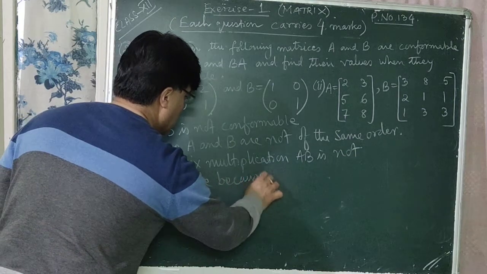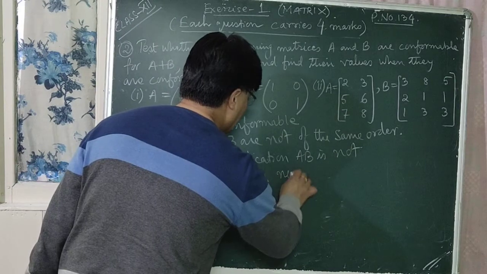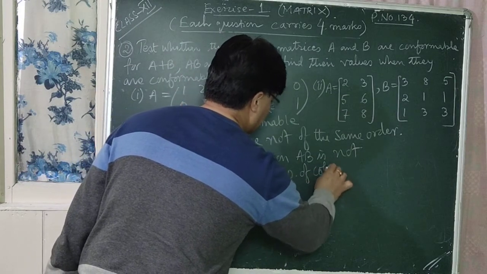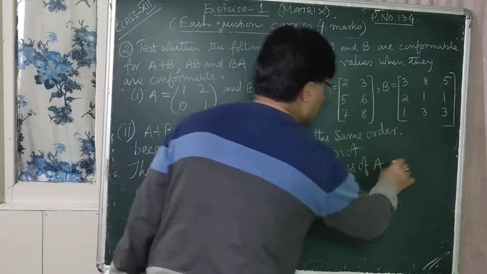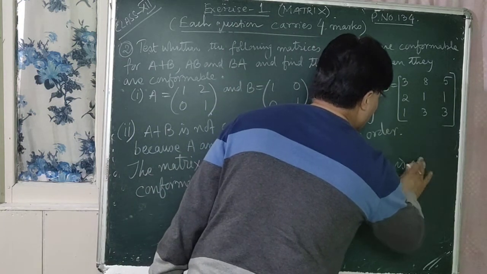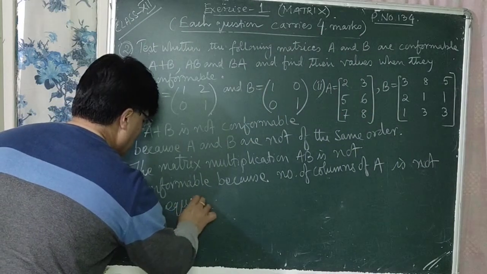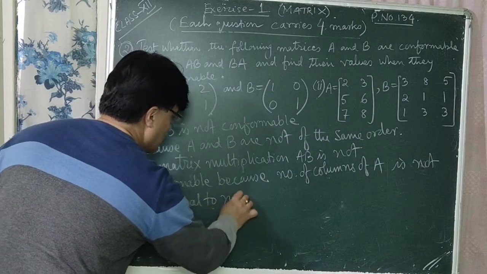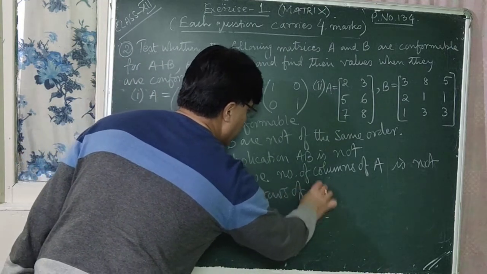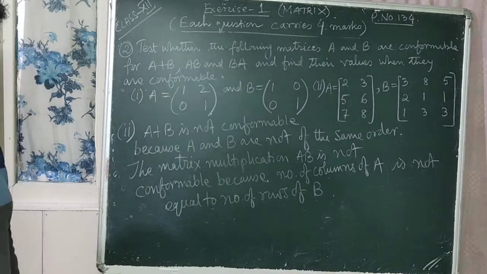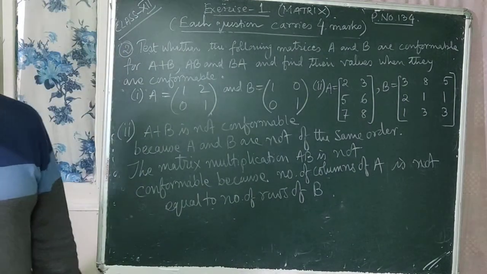Because you cannot multiply them, because the number of columns of A is not equal to the number of rows of B. Is that clear? So we cannot find out AB, right?